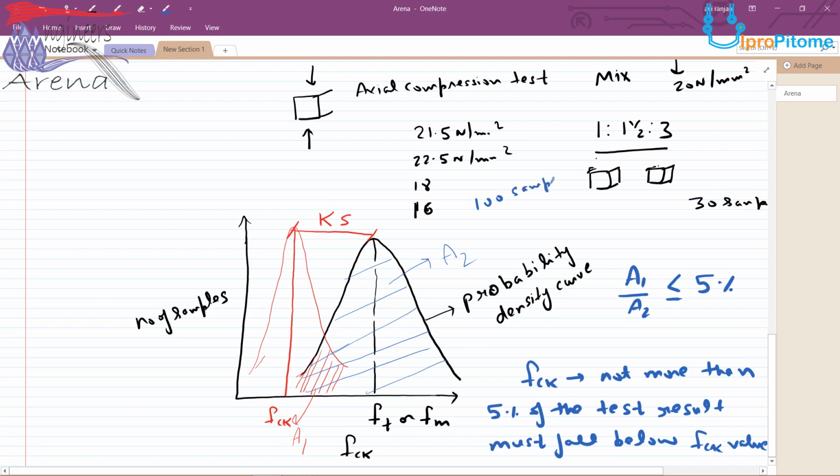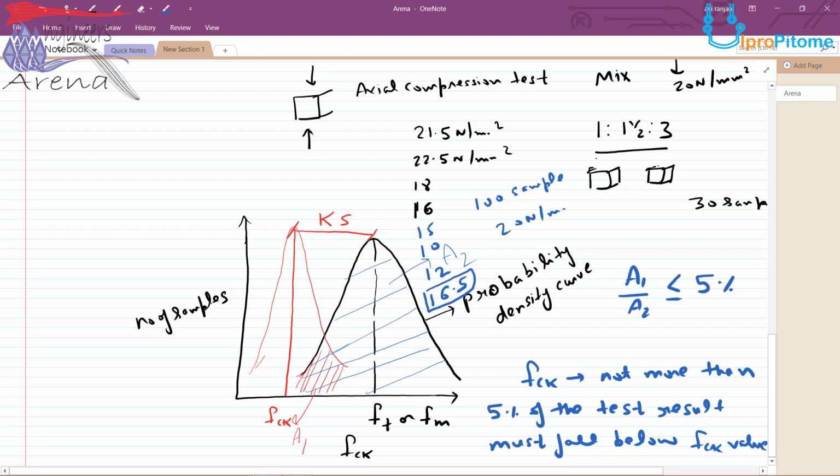What does it mean? If we have prepared 100 samples, then not more than 5 samples should go below 20 Newton per mm square strength. Suppose one is 18, 16, then another comes 15, another 10, another 12, that is 1, 2, 3, 4, 5, and another comes, suppose 16.5.